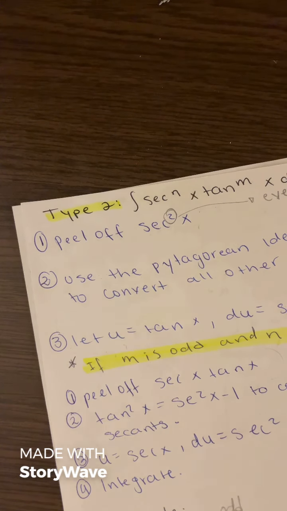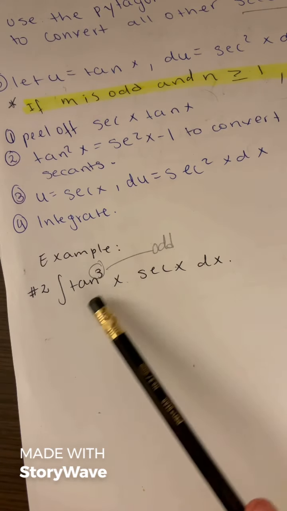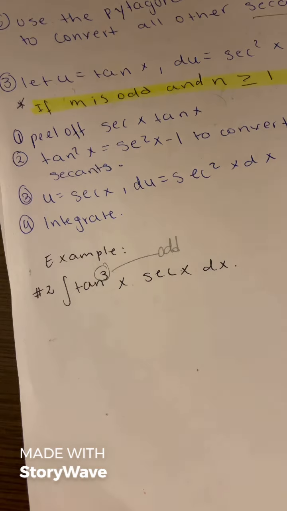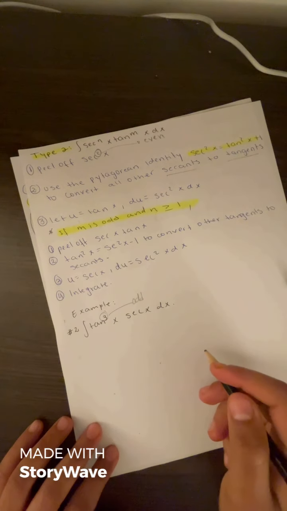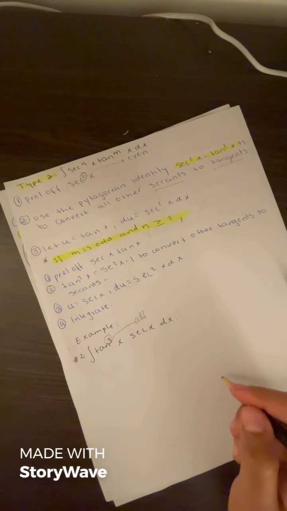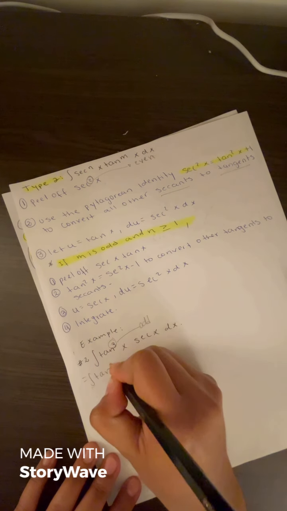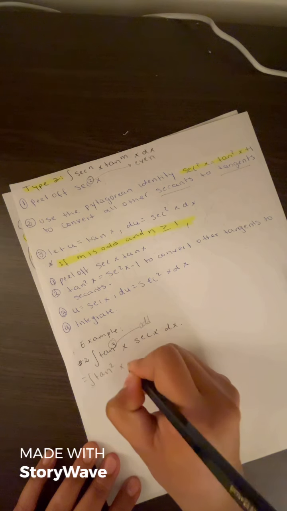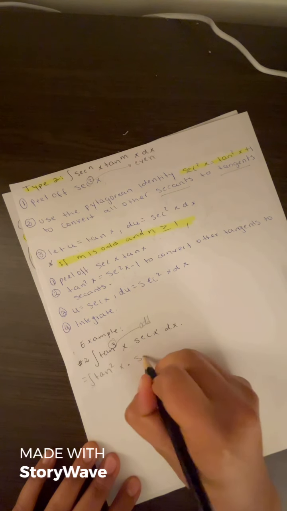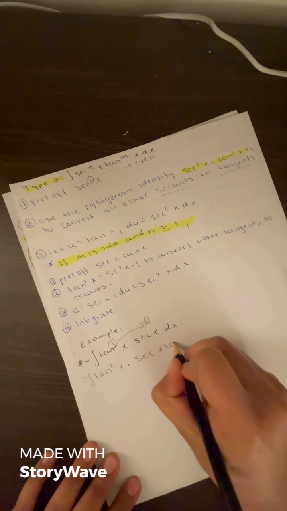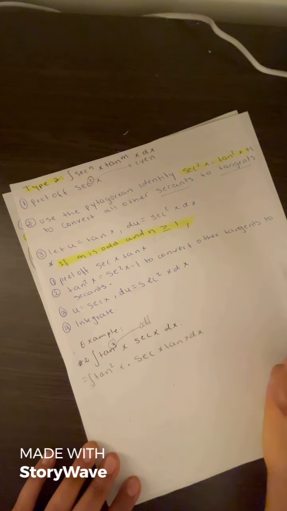We're going to use type 2 to solve this problem, okay? So we're going to peel off, and we're going to put tan squared x times secant x tan x dx.